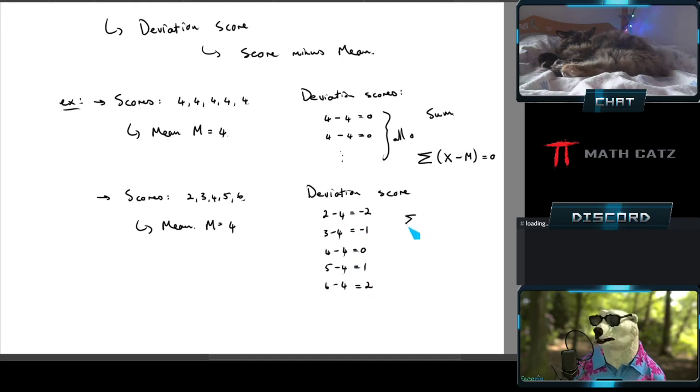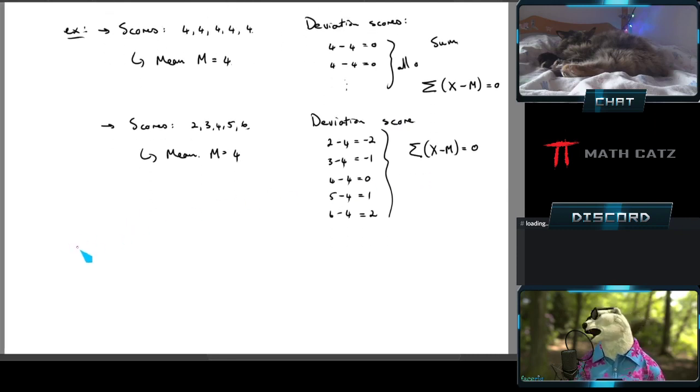So now the sum of all the deviation scores: -2, -3, -3, -3, -2, 0. So if I add them all up, I get a 0 still, because some of these deviation scores will be negative when scores sit to the left of the mean. Some of the deviation scores will be positive when scores sit to the right of the mean, and they could be so balanced that the deviation scores cancel each other.